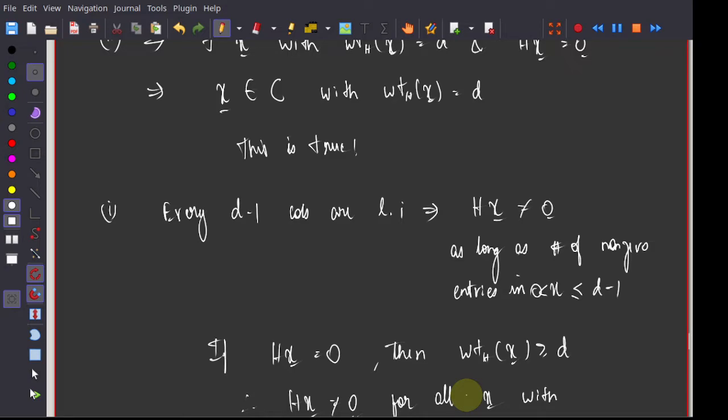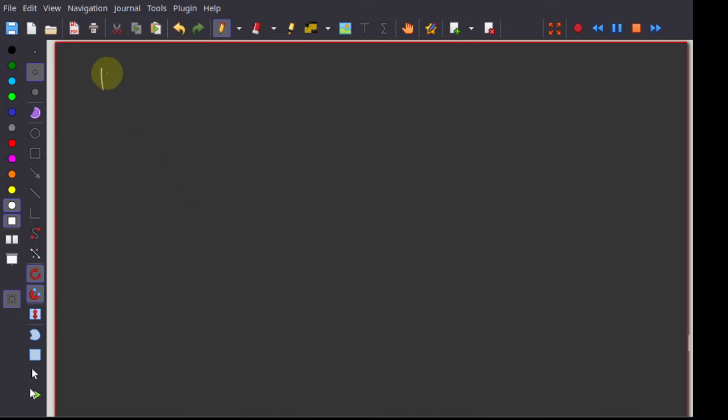Correct. So let's take the matrix H. What is the size of H? N minus K by N. Correct. Now what am I going to do? I'll take every set of L columns, and try to find out if they're linearly independent or not.